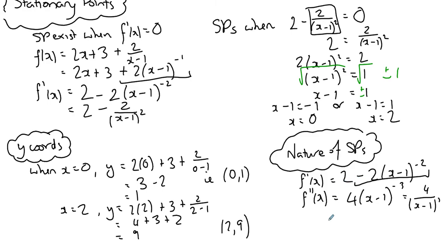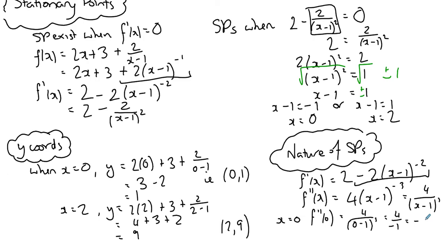Okay, so we want to check the second derivative for each value of x. So when x equals 0, the second derivative is going to be 4 over (0 minus 1) cubed. That's negative 1 cubed. That's 4 divided by negative 1, which is negative 4.